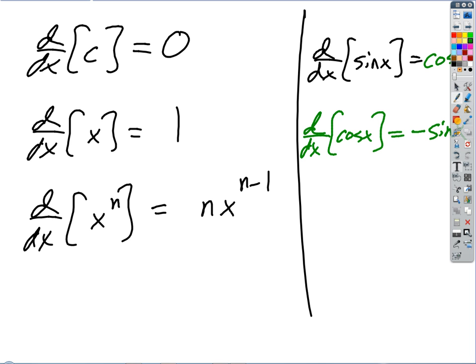All right, so let's apply this to a little kinematics. Do some fun stuff here.